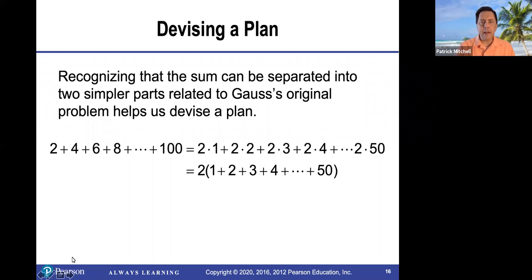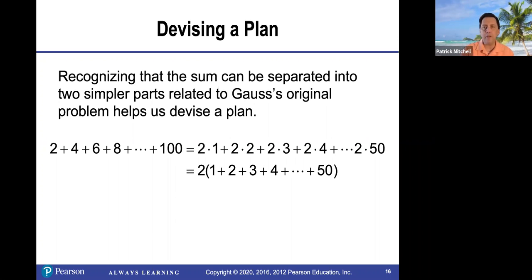And so what they did was they factored the number 2 out of every one of these terms. See, 2 is 2 times 1, and 4 is 2 times 2, and 6 is 2 times 3. So you can pull that 2 all the way out front, and it turns into 2 times 1 plus 2 plus 3, and so on, up to 50.